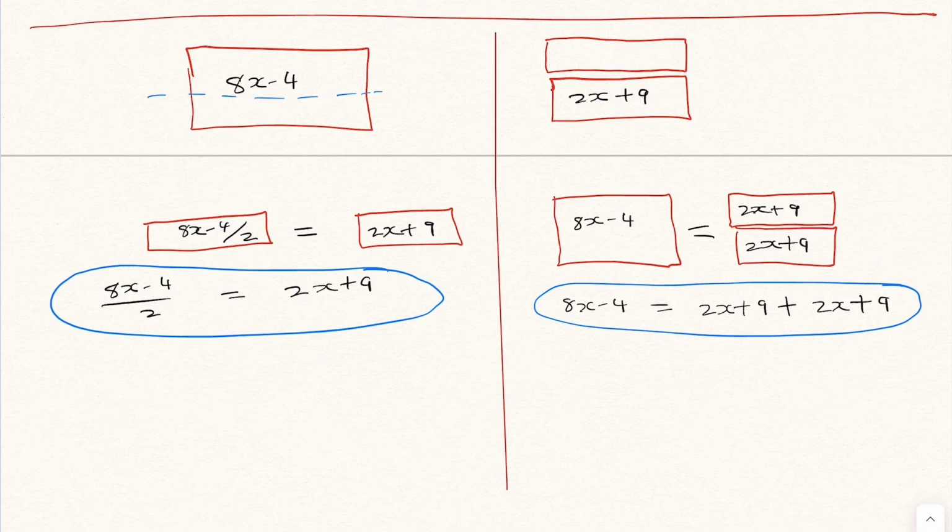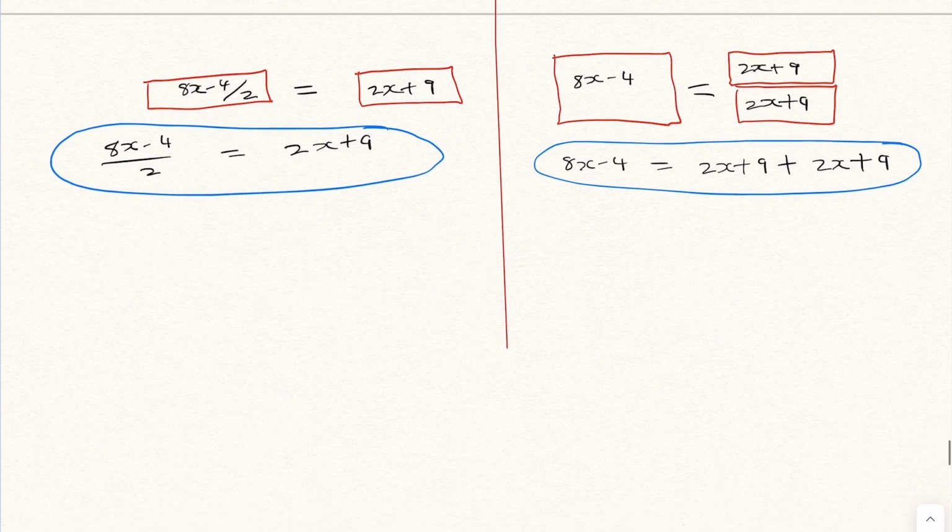So let's start with the one on the left, and we're going to move on from there. I'm just going to write this equation down again so it's clear. 8x minus 4 over 2 is equal to 2x plus 9 all over 1, which is the same thing.